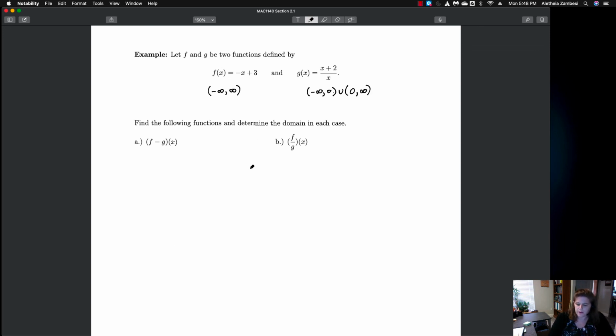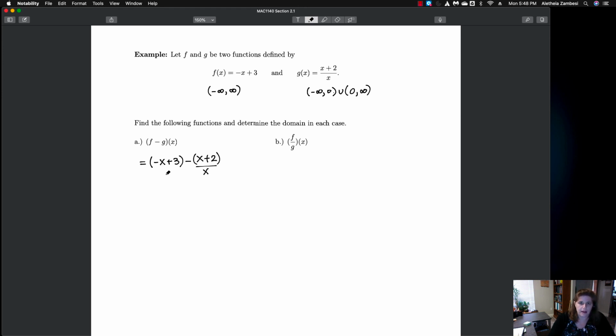So if I want to determine f minus g of x and its domain, f minus g of x would be equal to f of x minus g of x. Now this is technically correct, but it's kind of messy. So let's try to put this into a single fraction. This first part is really over 1.